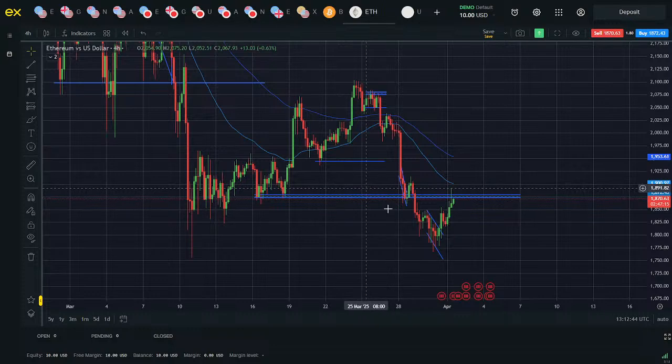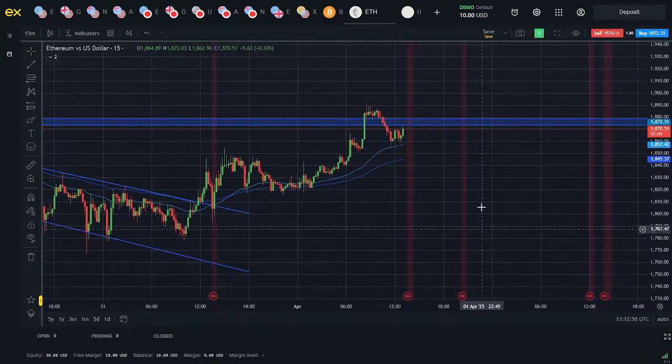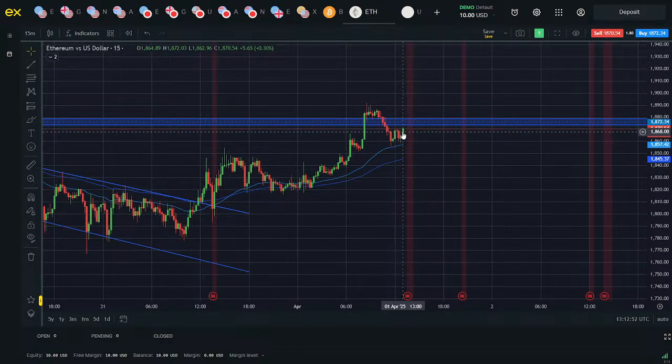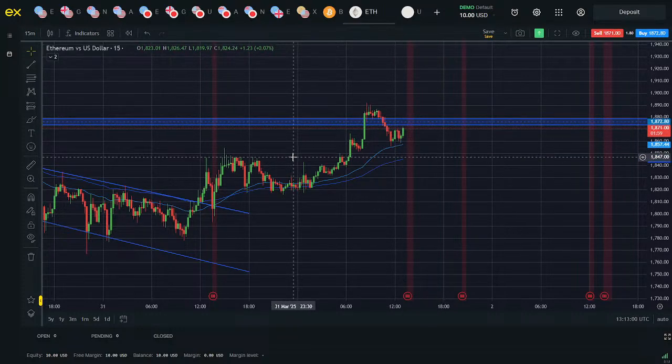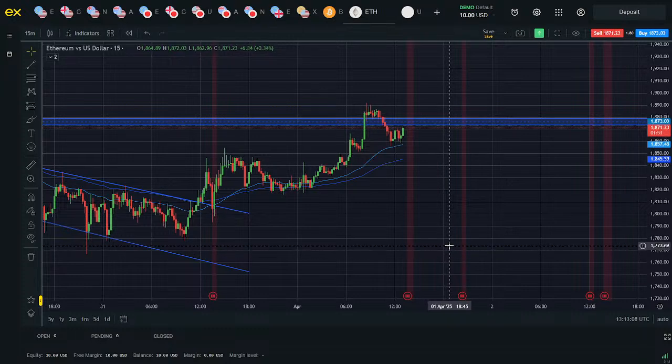Now the market has given a breakout for this trend line, and market is actually taking a rejection from this particular point, and maybe it forms a double top, or maybe it just rejects from this point and rallies in the downward direction.